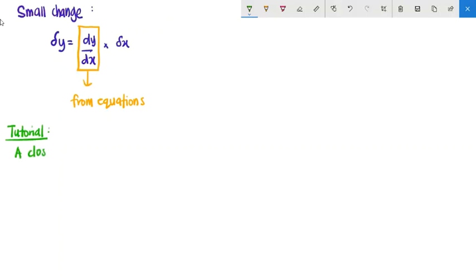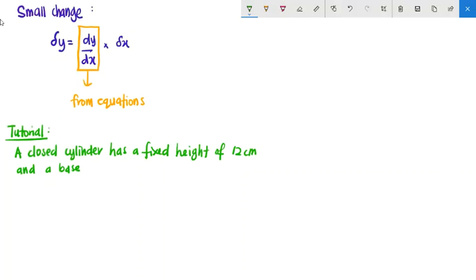A closed cylinder has a fixed height of 12 cm and a base radius of 5 cm.